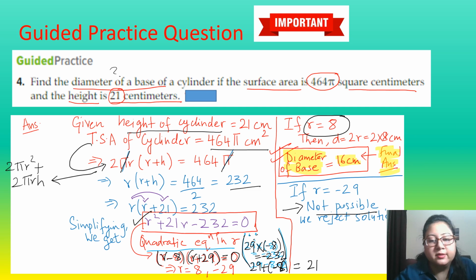And if we read the question once more, then the final answer should be giving us the diameter of the base of the cylinder. So I need to double my radius to get the diameter of the base. And that comes out to be 2 times 8, which is 16 centimeters. So that's your final answer, which completes this question.